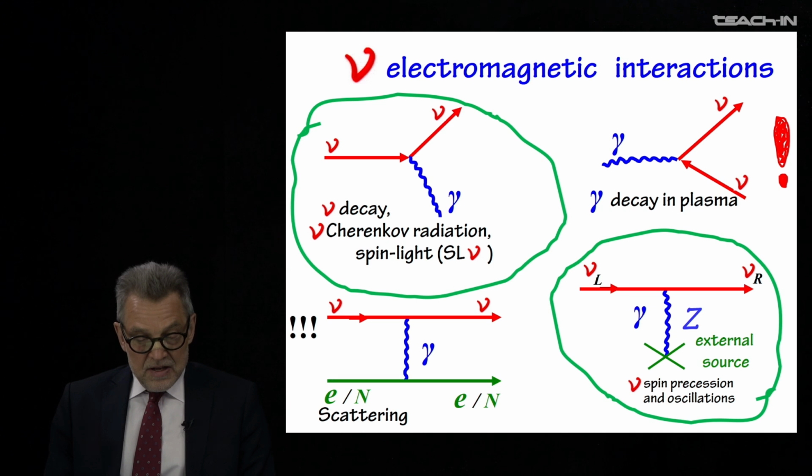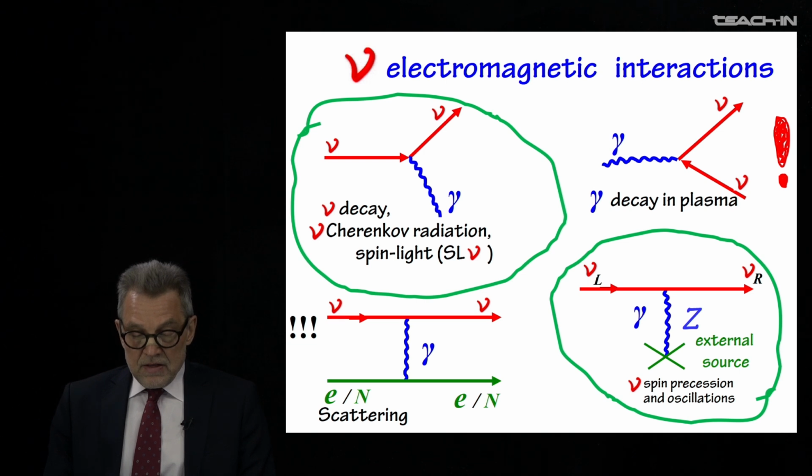So there is another important manifestation of electromagnetic properties of neutrinos: electromagnetic scattering of neutrinos, given by this diagram. A neutrino is scattered on electrons or nuclei, for instance, due to exchange of photons, and again the photon is coupled to neutrinos due to possible non-trivial neutrino electromagnetic properties.